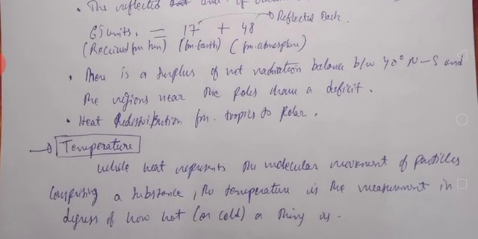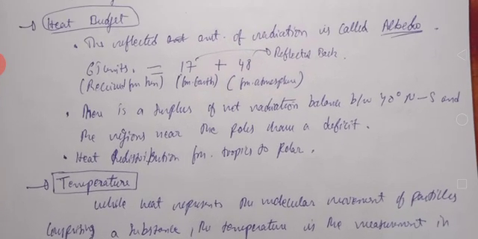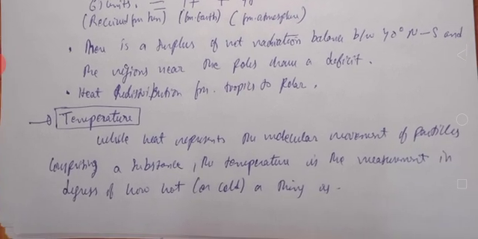Next point, there is a surplus of net radiation balance between 40° north and 40° south, and the regions near the poles have a deficit. Heat redistribution takes place from tropics to the polar areas.